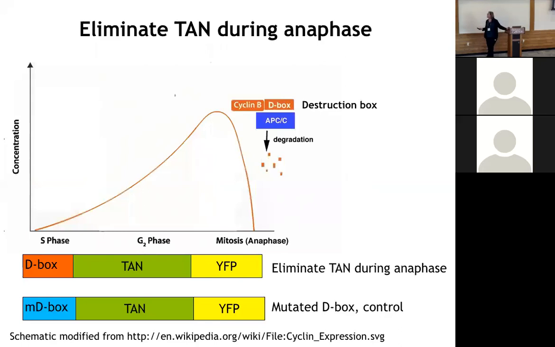That was the idea. So how do we do it? We fused a destruction box from cyclin B. This is bringing you all back to very peaceful times. The cyclin destruction box mediates degradation specifically during anaphase. I constructed both of these, and the control, of course, has mutations that don't allow degradation during anaphase.